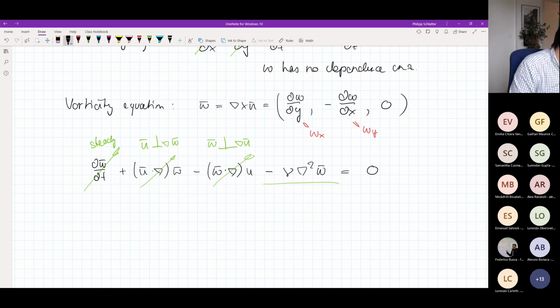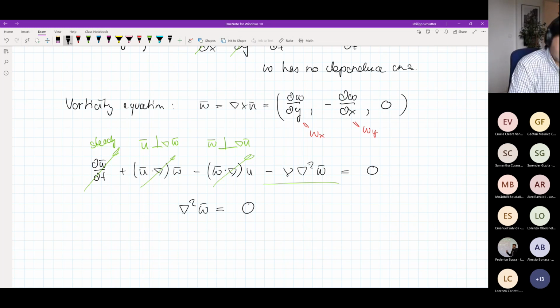And that means that for this particular case, the case of a unidirectional flow, the only thing that is left is nabla squared times omega being 0. Now, of course, I could divide by the viscosity because it's a scalar.